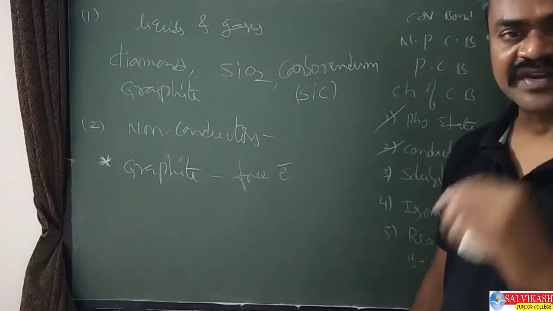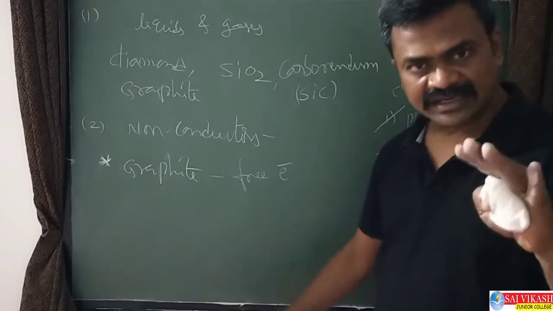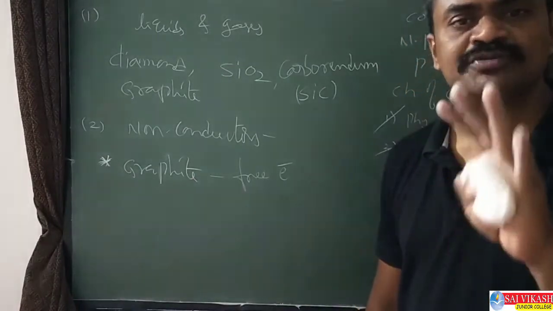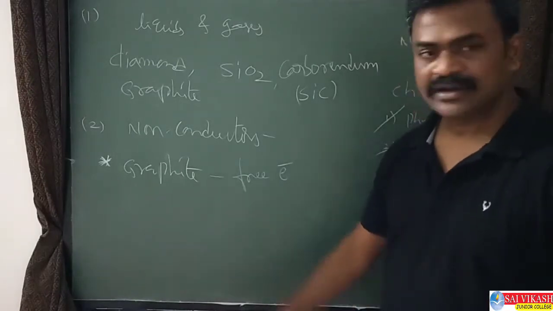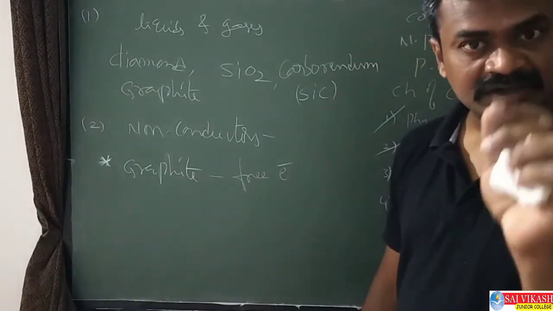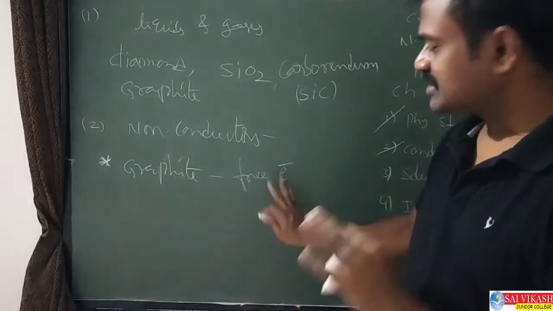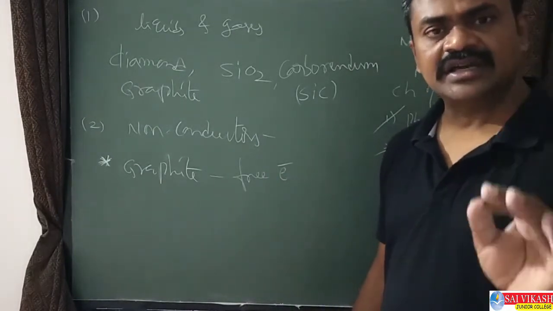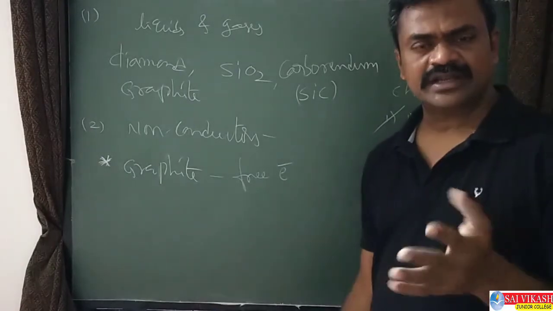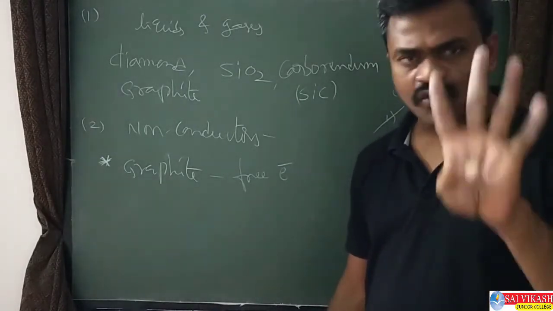Why does it have a free electron? It will come in the class 11 14th group chapter. In that chapter I will tell you very clearly why graphite is a good conductor of electricity. Up to this is the reason. Graphite has a free electron. In graphite, only carbon atoms are there. A carbon atom has 4 electrons.